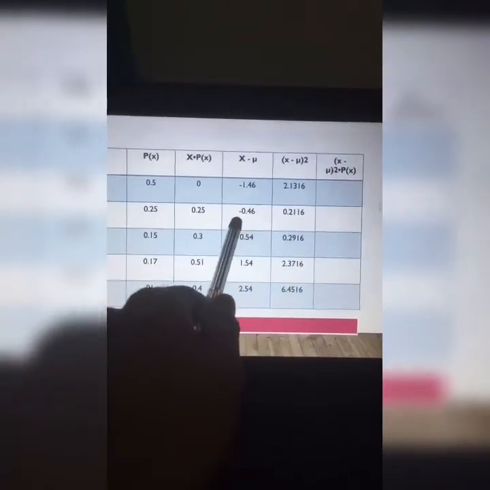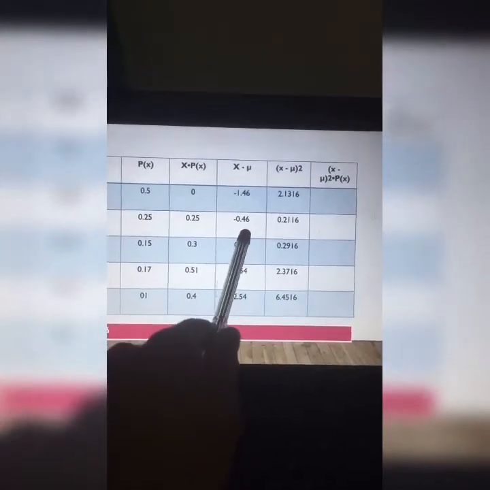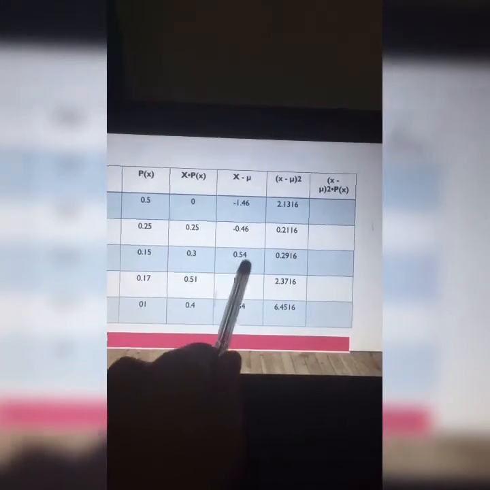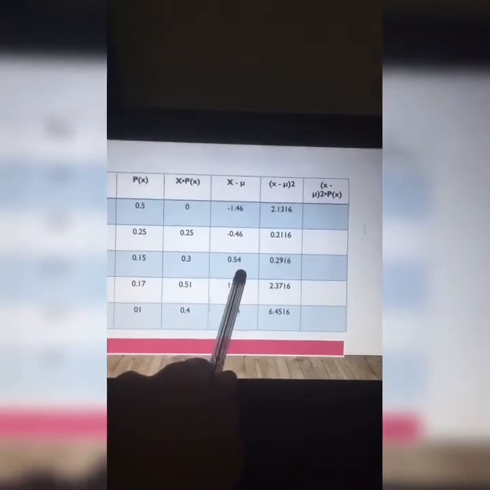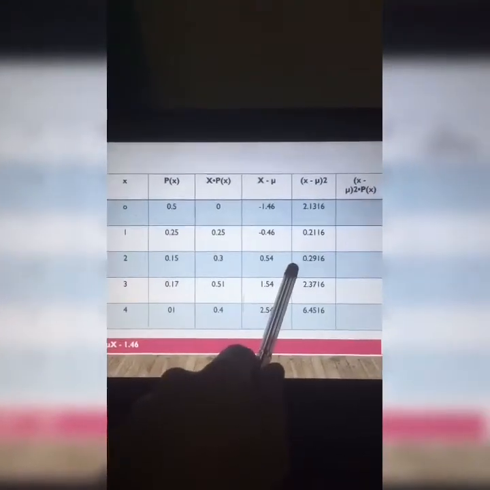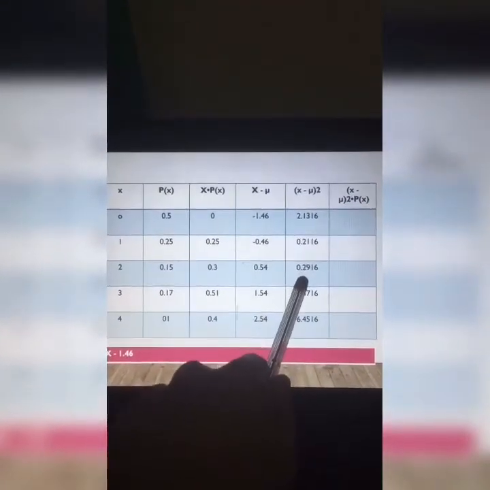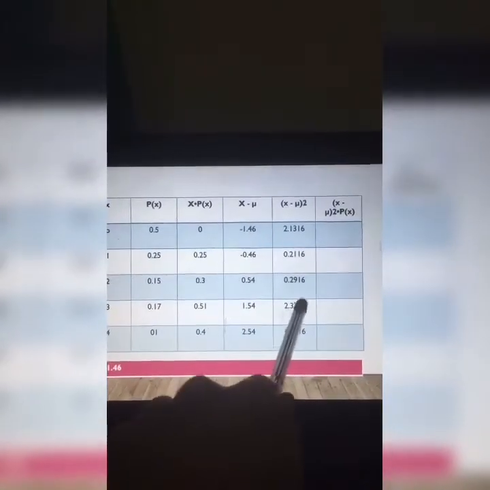Negative 0.46 squared equals 0.2116. 0.54 squared equals 0.2916. 1.54 squared equals 2.3716. And 2.54 squared equals 6.4516. It's that easy.